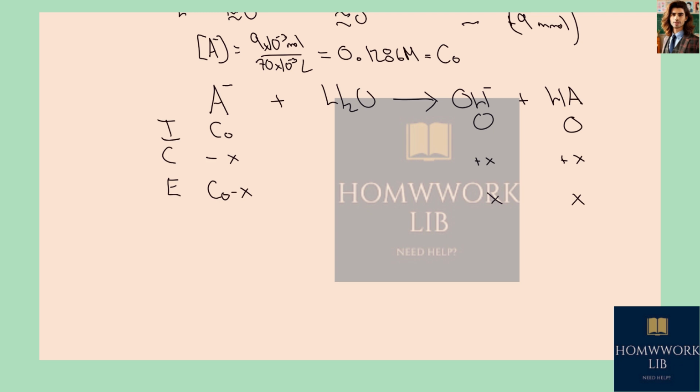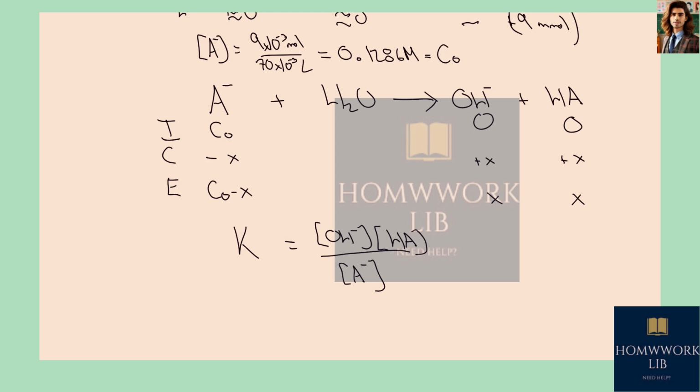So, with this result, what we can get is that, first of all, the value of X is going to be very small. Next, if we write down the equilibrium constant for this reaction, it is the concentration of OH minus times the concentration of HA divided by the concentration of A minus.